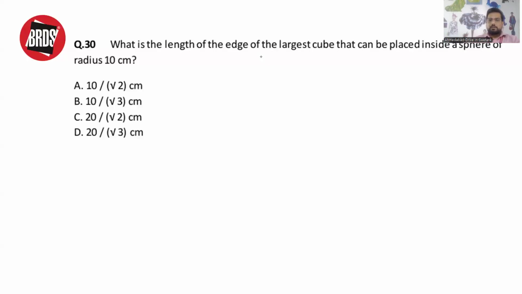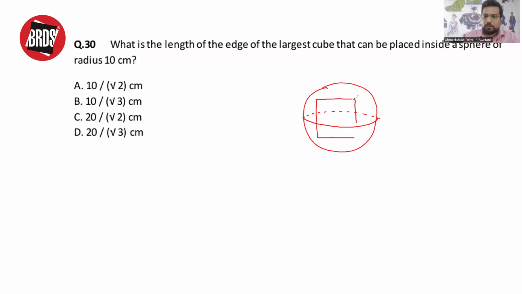Talking about this question, what is the length of the edge of the largest cube that can be placed inside a sphere of radius 10 centimeter? If we talk about this question, it's a sphere, and if we place a cube inside that sphere, it would probably look something like this.